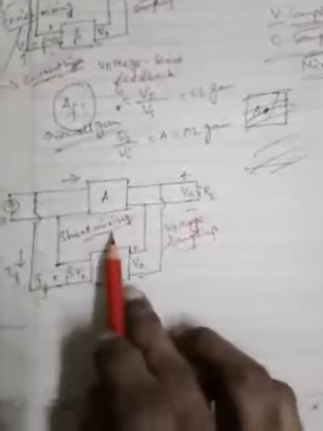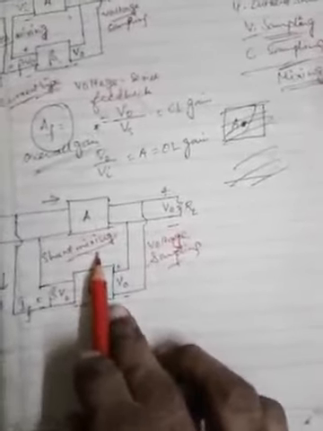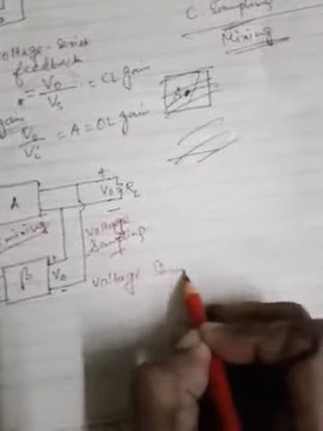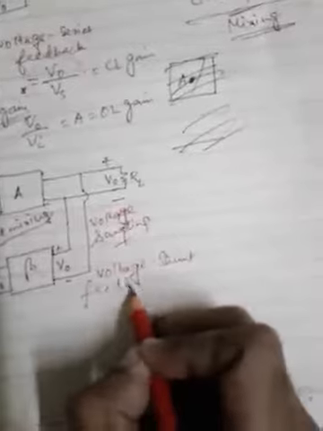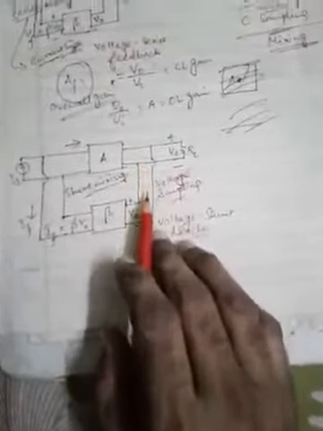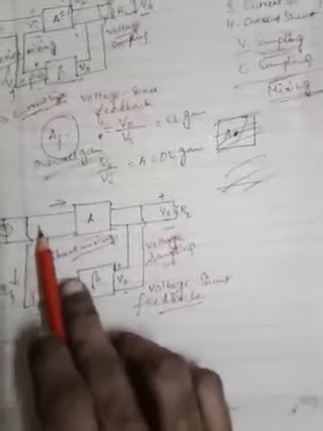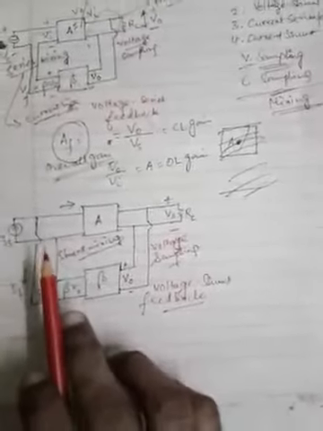If we combine what we are doing here, this is voltage sampling, shunt mixing. So we can name this type of feedback as voltage shunt feedback. Since we have taken from the output in terms of voltage, we are trying to keep that sense that we are feeding back to the input the same voltage.